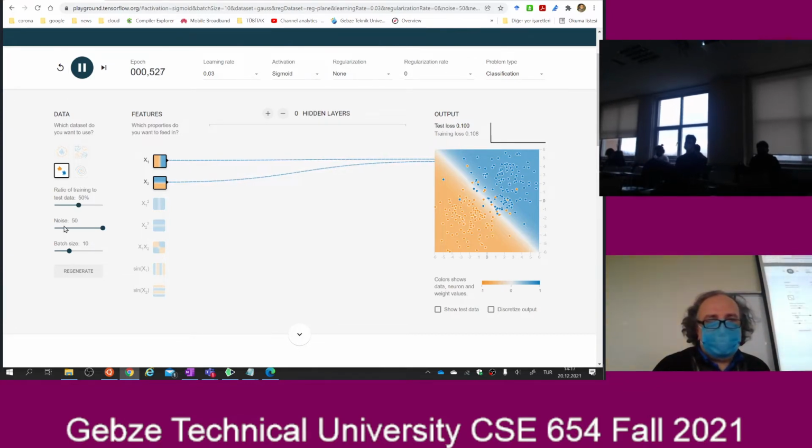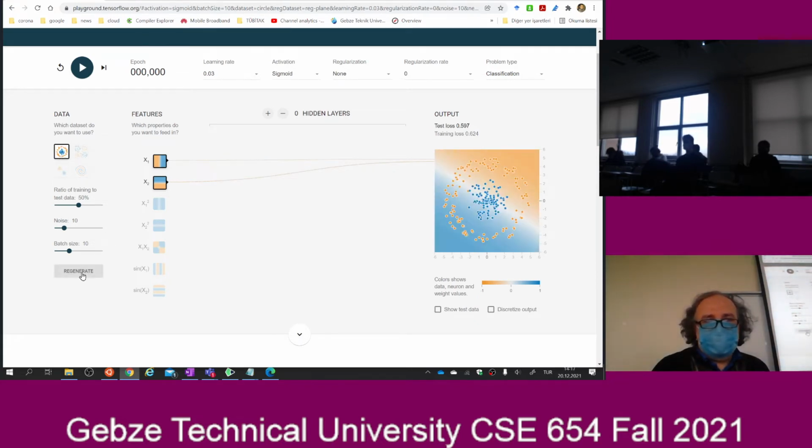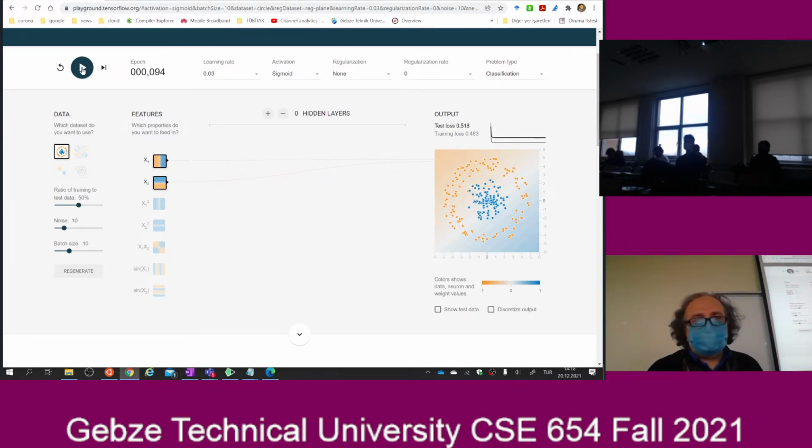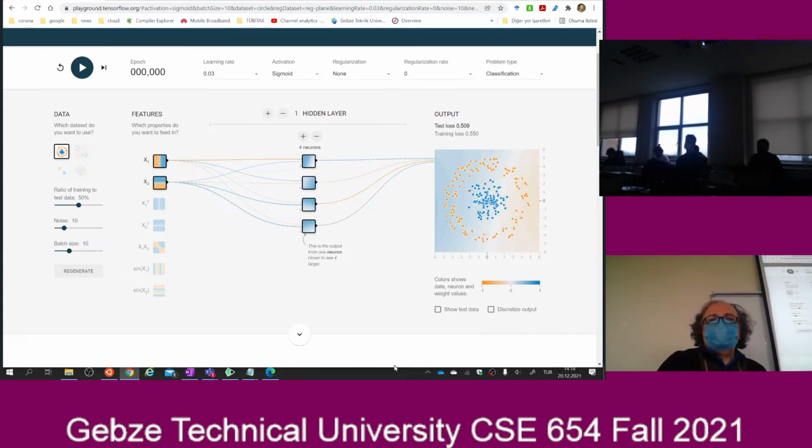Okay, but these kinds of cases will be okay. How about this one? Can I do that? Can I optimize it? No, again, loss is not going anywhere because a line is not going to separate it. For that, I will add hidden layers. So I can specify now more than a line.